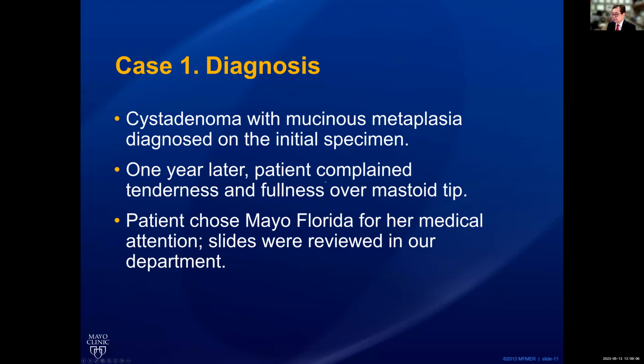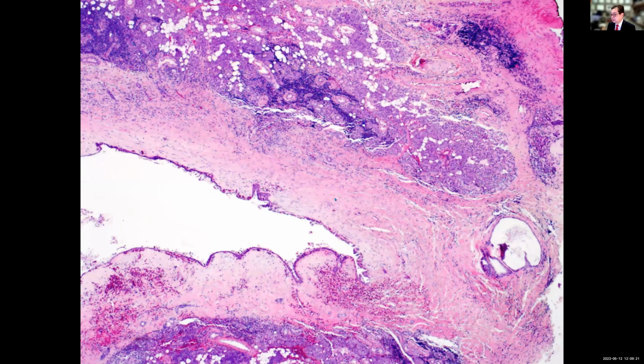And 1 year later, the patient complained of tenderness and fullness over the mastoid tip, where the stump of the resection was. So the patient chose to come to Mayo Clinic, Florida to be seen. And as an institutional policy, we require review of the specimens when the patient comes to be seen.